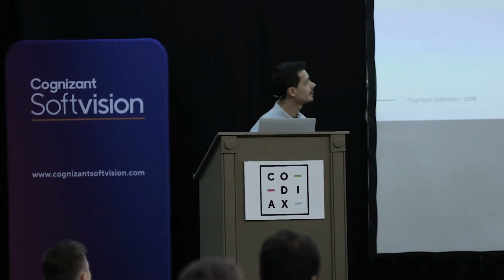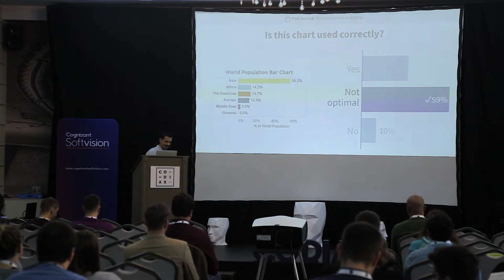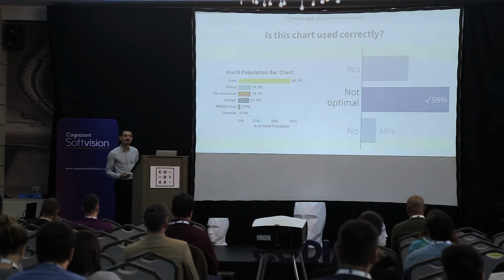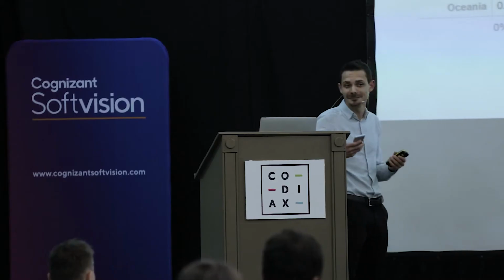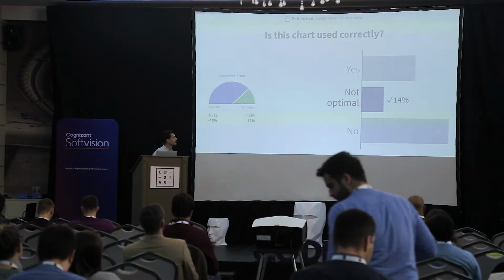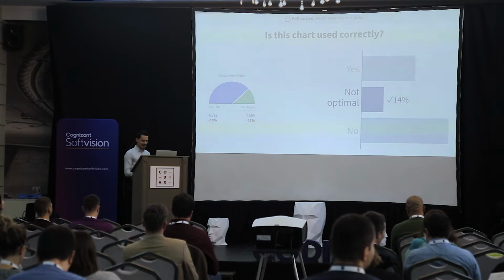Okay, let's see the answers. Not optimal, 59%. This looks pretty good. It seems lots of you have worked with data before, or you just use your common sense to guess the answer or to actually know it. Let's see. Okay, so lower percentage this time.